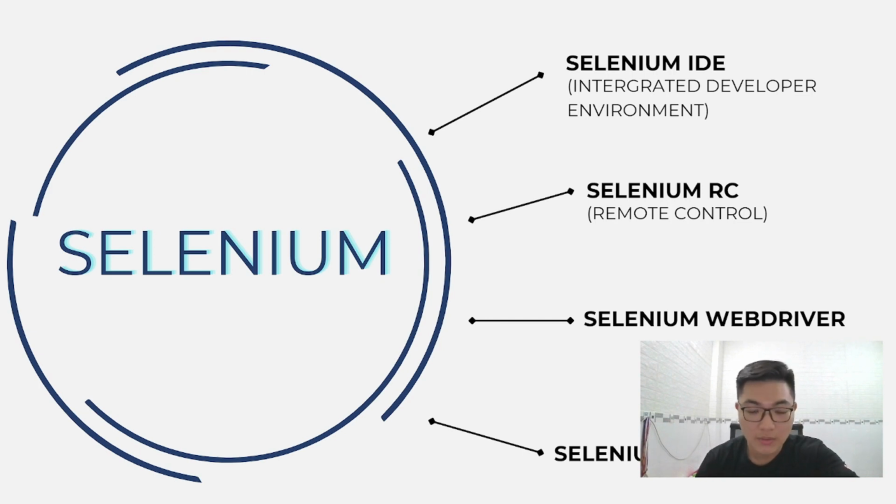The next component is Selenium Grid. Selenium Grid comes into play when you need to take your automation to the next level. Imagine having a fleet of virtual drivers, each with a different car, browser, and operating system.